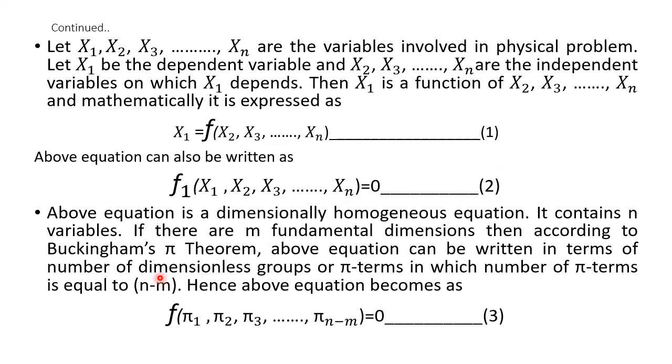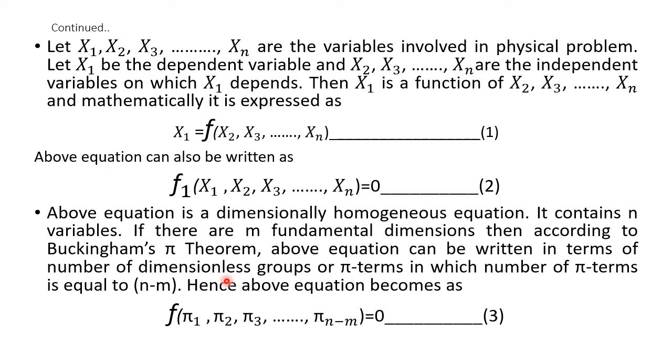If there are m fundamental dimensions, then according to Buckingham's pi theorem, the above equation can be written in terms of a number of dimensionless groups or pi terms. The number of these terms is n minus m. Suppose in our problem the fundamental dimensions are 3, then n minus m are our pi terms.